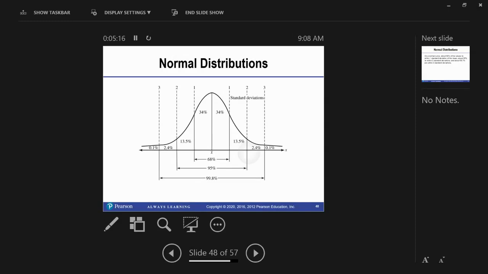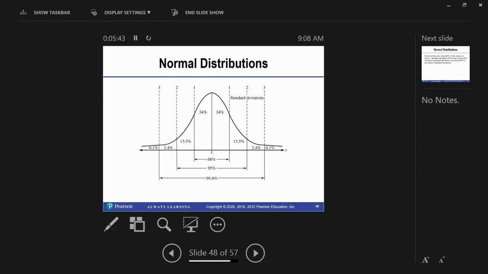What's the next one? 700, and then 800, okay? Because in this case, since your standard deviation is 100, every line represents another 100. So if I'm going in the other direction, if this is 500, what's the line before it? 400, before that, 300, 200.